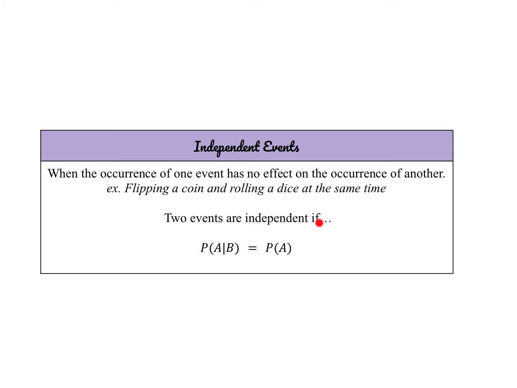If two events are independent, the probability of event A given B is just the probability of event A, as we saw in the last example, because the conditional event, event B, has no effect on A because they are independent. This is true if you know that the events are independent.